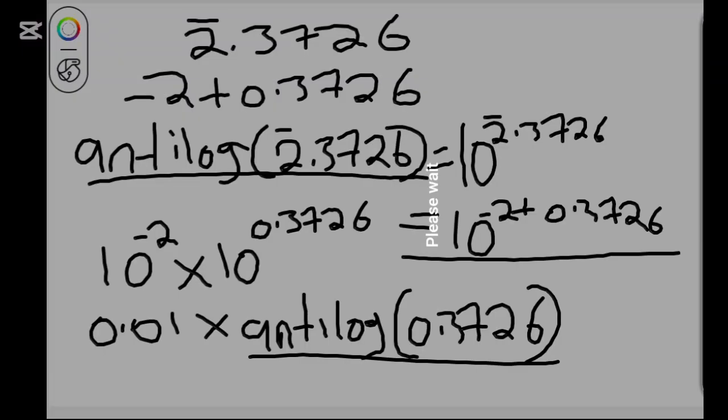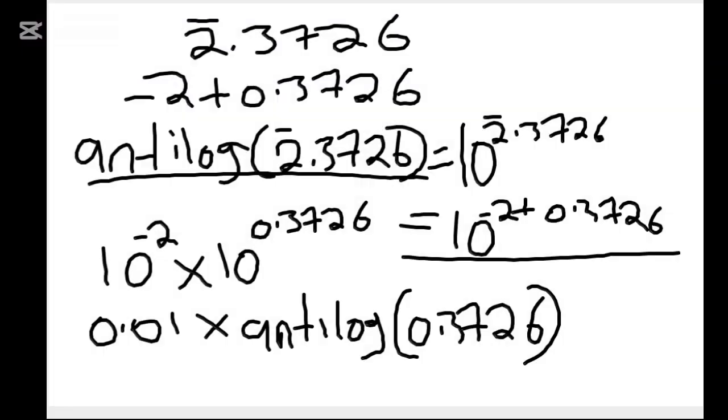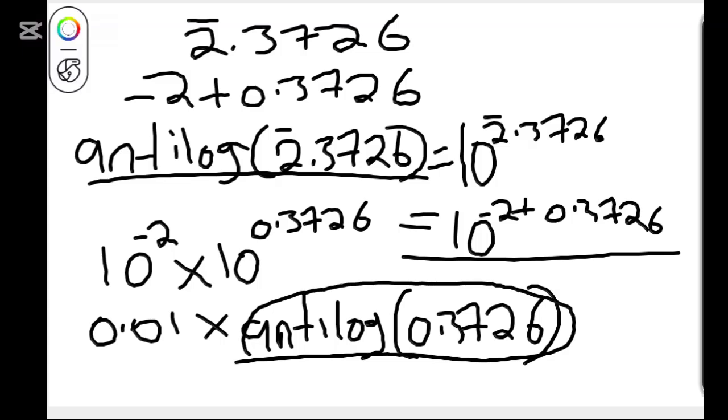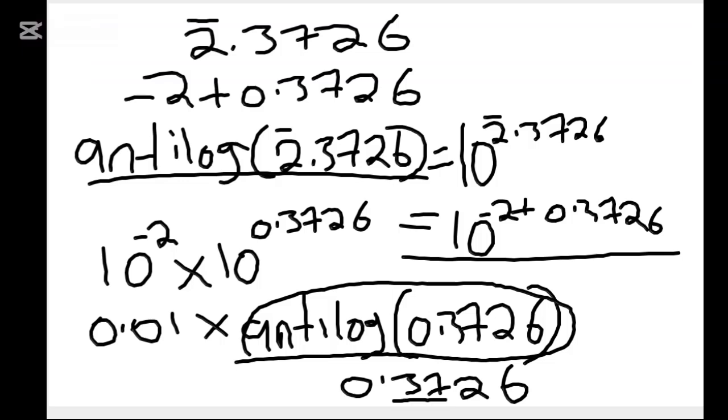So how can I find the antilog of 0.3726? If you are going to find the antilog, the first thing you are going to do is that I have 0.37, so I have to first take a look at the first two numbers, which is 37, and don't forget I have 0 at the first.